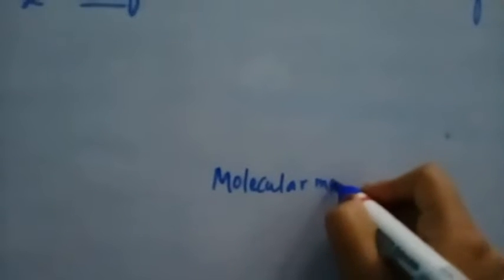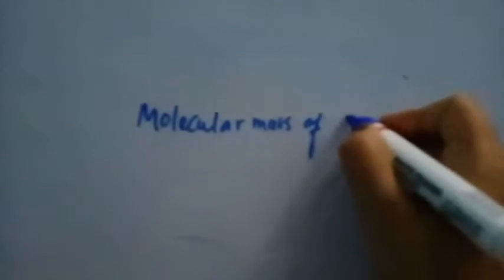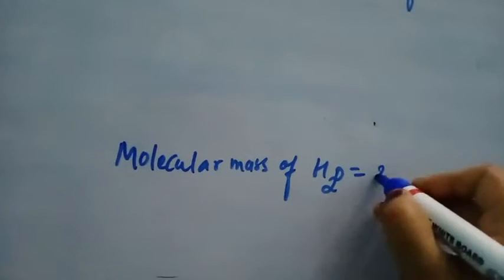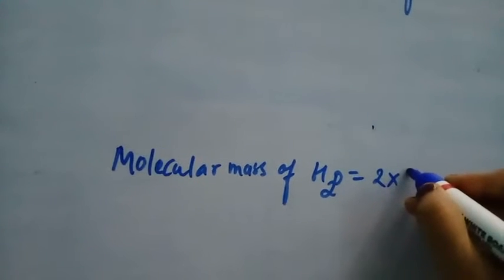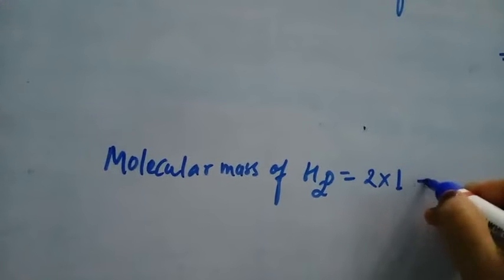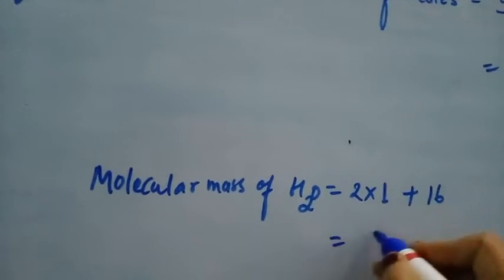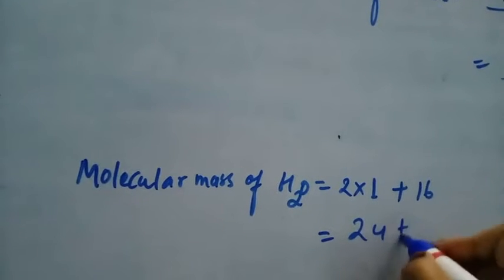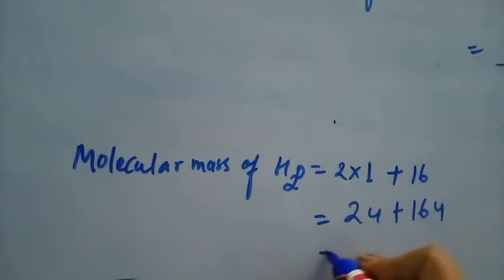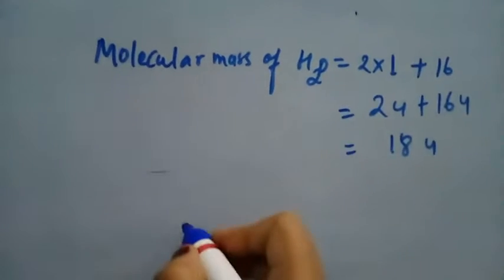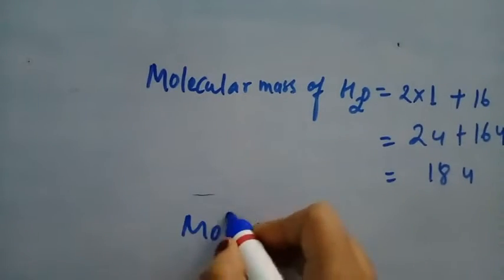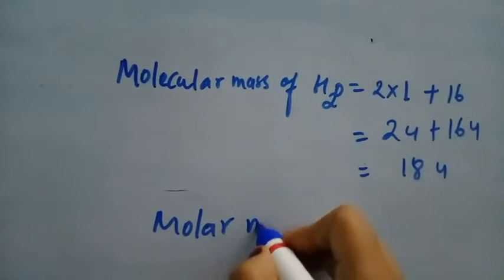Molecular mass of water is equal to 2 into atomic mass of hydrogen, that is 1, plus atomic mass of oxygen, which is 16. So we will get 2 u plus 16 u, and we will get here 18 u. And so we'll just get the molar mass also.